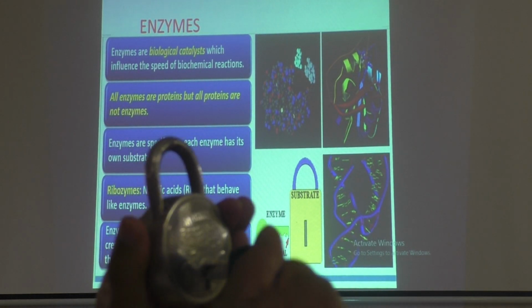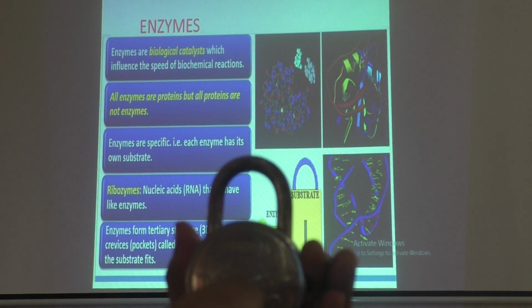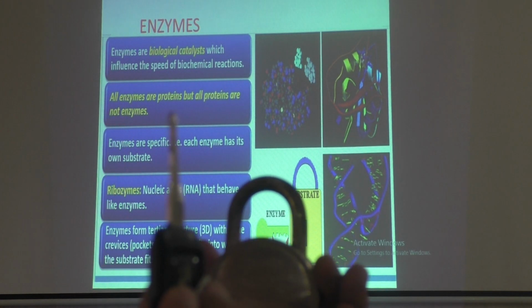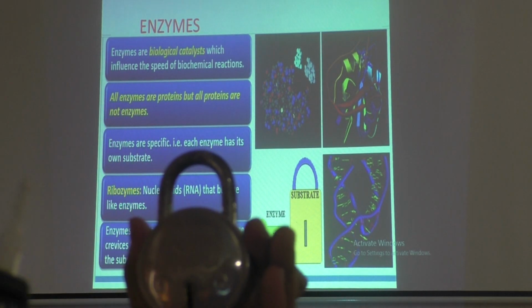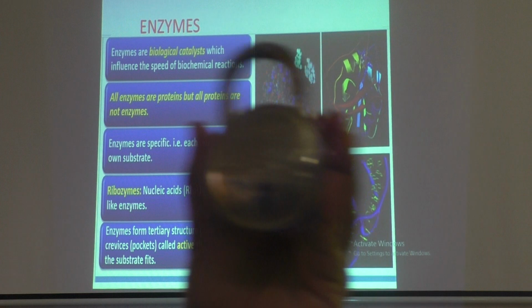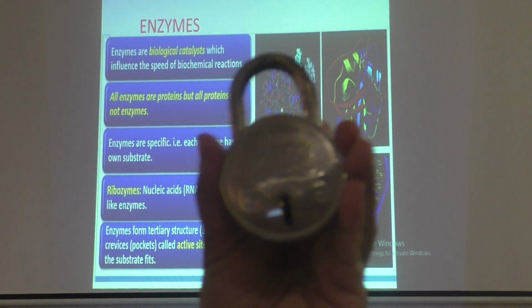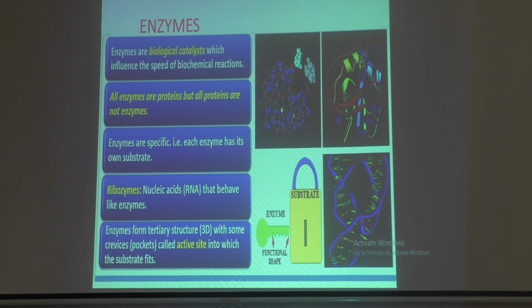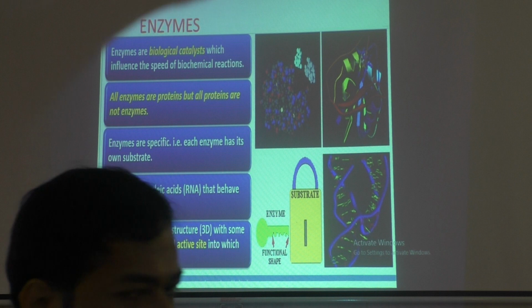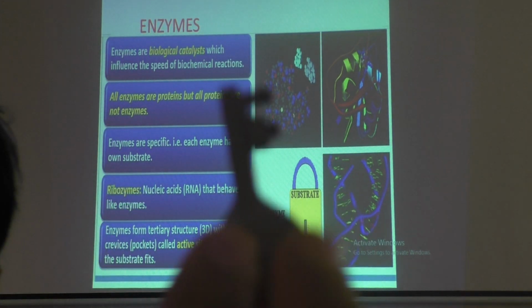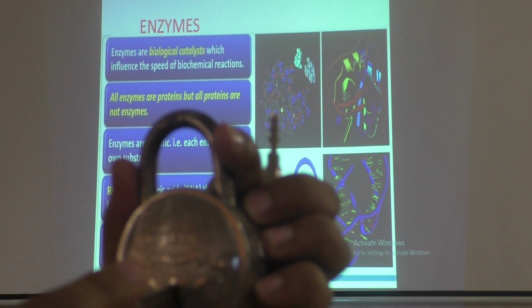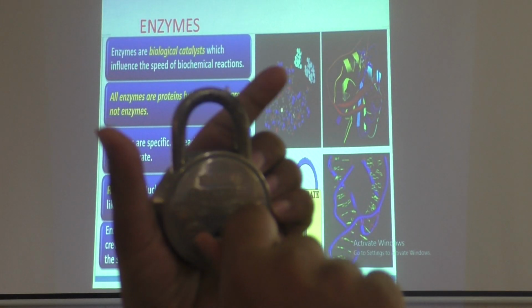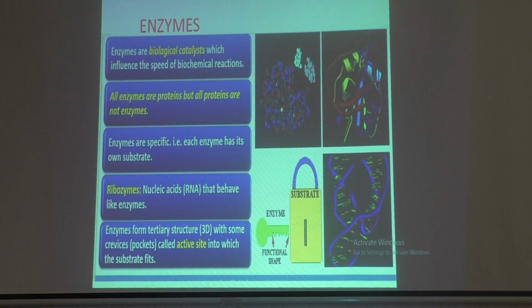So that means enzyme and substrate are very specific, especially enzymes. For one particular substrate, one particular enzyme should be used. So this shape here is called the active site, or pockets, in which the substrate acts. Okay, so that is the meaning.